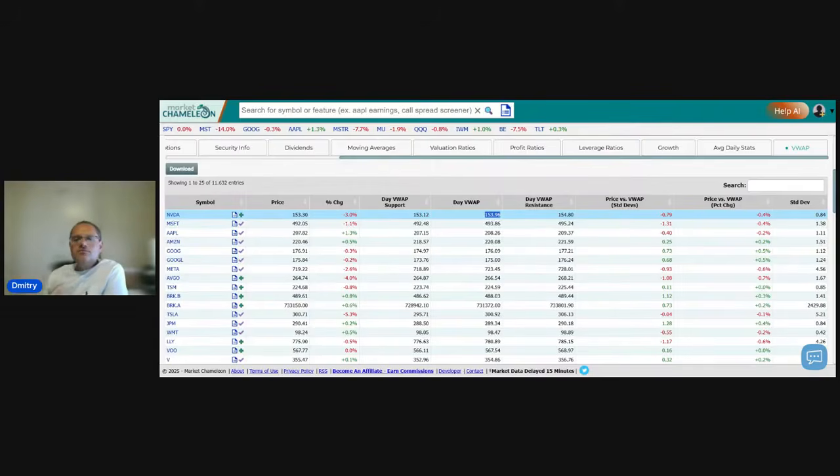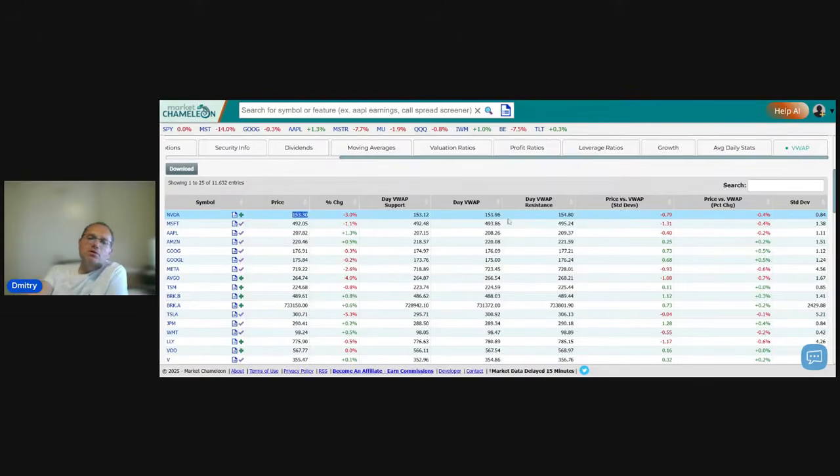So to give it just a metric that we could compare even across other assets, we could say, well, what is the last price relative to the VWAP?